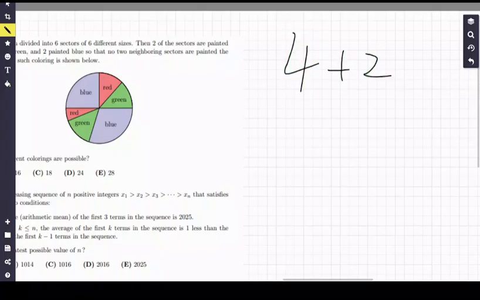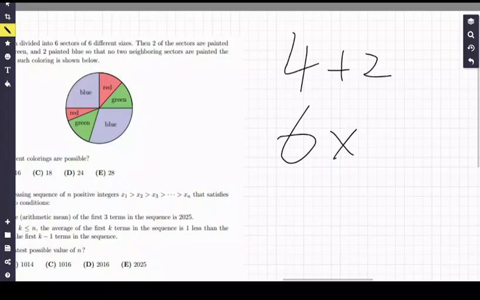Now let's compute the total possible colorings. At the start we had 6 on the 6 cycle. When red is 2 apart, we have 6 of these possible choices, and we multiply this by 2, because there's two types, sorry.